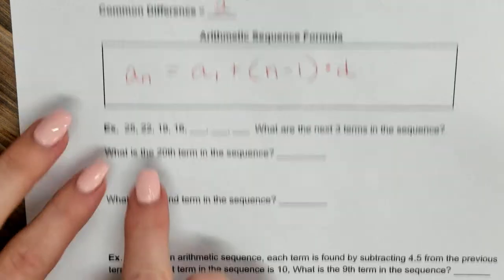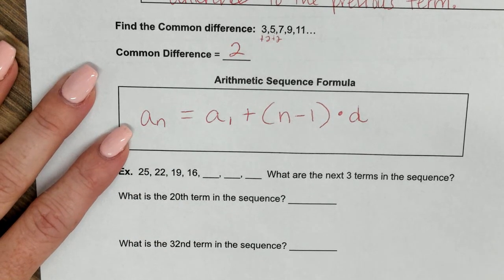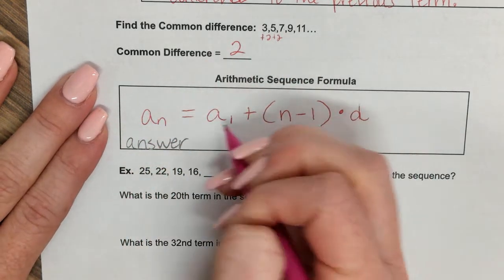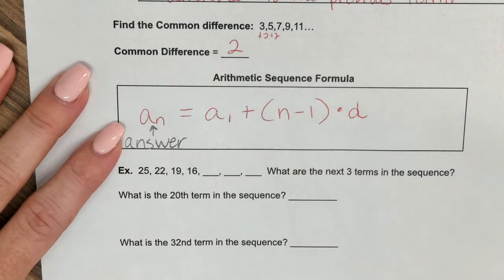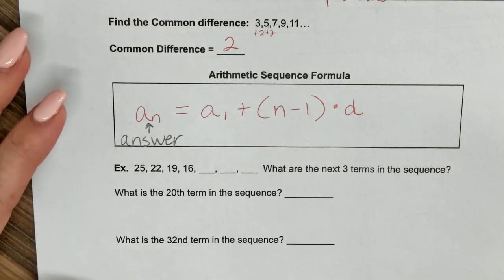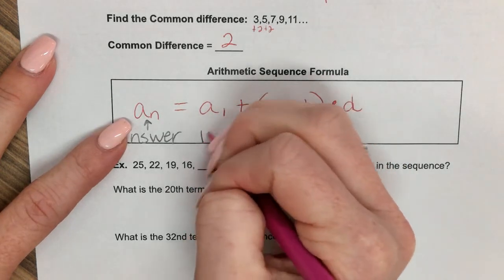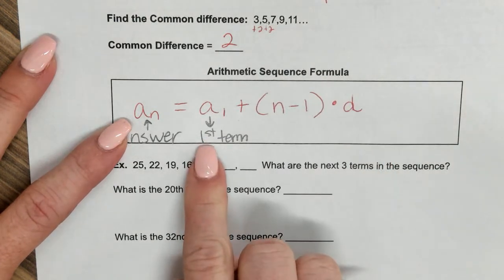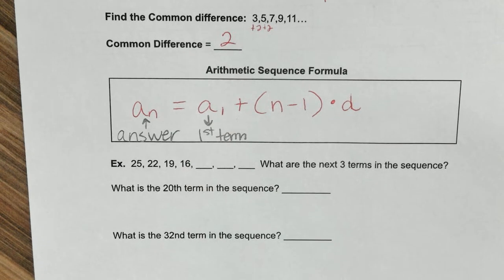All right. This number right here, a sub n, is basically your answer. So they're saying to solve for the answer, do that. This number, a sub 1, is the first term in the sequence. So whatever number they started with first, that's what that number is.